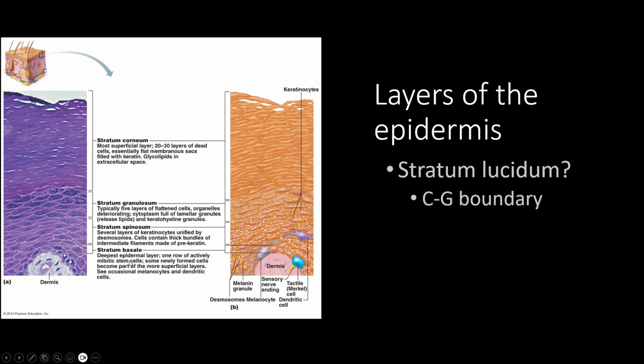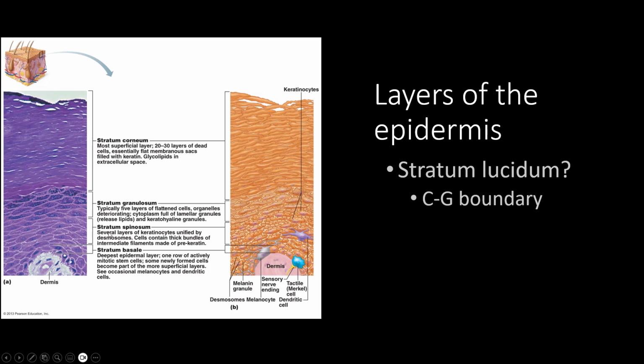So the stratum basale is dividing, and as it makes more, let's just focus on the keratinocytes because that's by far the most abundant. As it makes more keratinocytes, those keratinocytes are pushed upward. They are pushed more superficial. They move up into the next layer called the stratum spinosum.